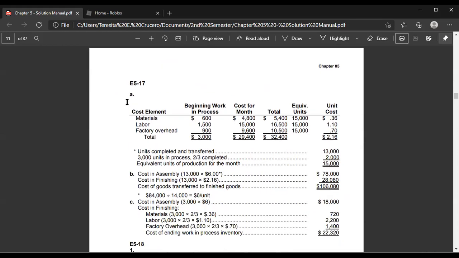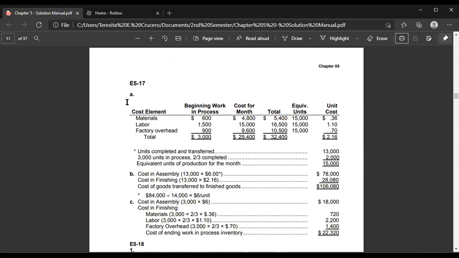Now we have the next problem, 17. Computing unit cost for department and for completed units with beginning inventory. Micromotors has two production departments. In finishing, there are 2,000 units in process at the beginning of the period, 3/5 complete.